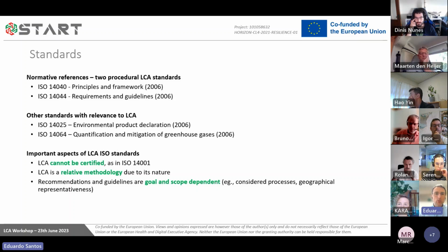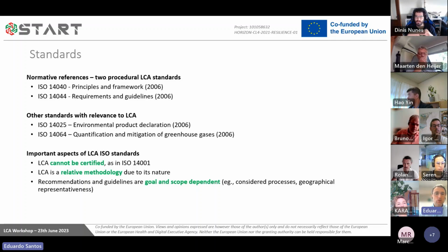There are also a lot of standards nowadays to establish how we should develop the LCA. LCA cannot be certified. It's a methodology which is developed, and if we do an LCA on a product or a system service, we cannot certify that LCA.